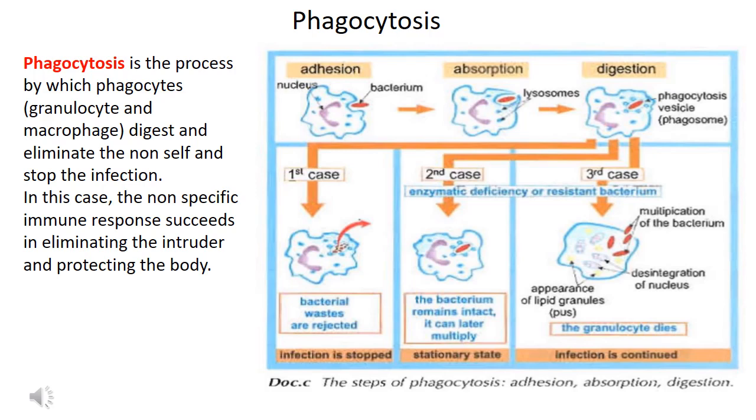And of course here, infection is continued and the nonspecific immune response has failed. What's going to happen? Of course, there will be a need for a second immune response to interfere, which is the specific immune response. And that's what we're going to see in the next video.